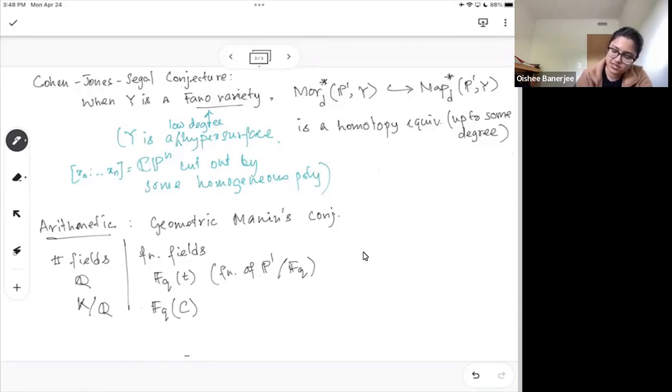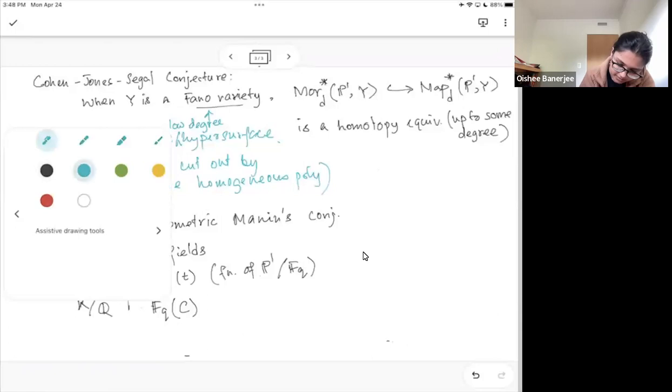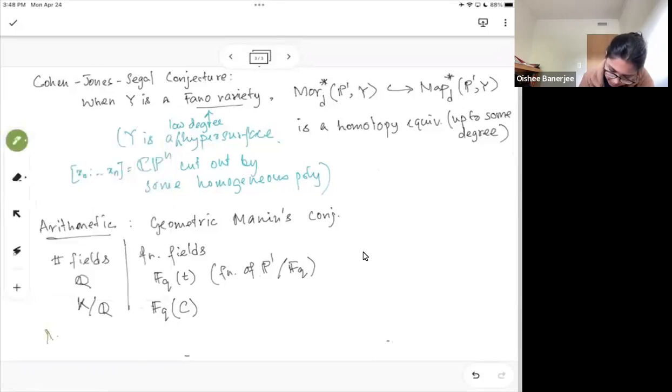Then what Manin's conjecture says is that, originally, Manin had a conjecture about these k-points of a variety.